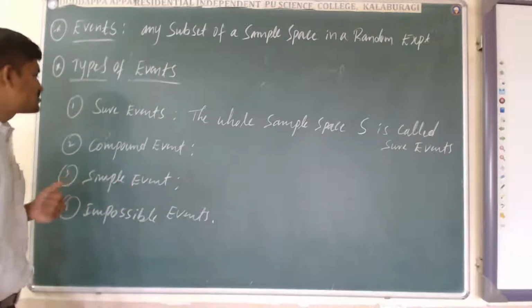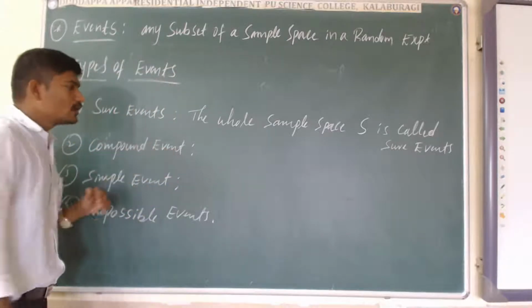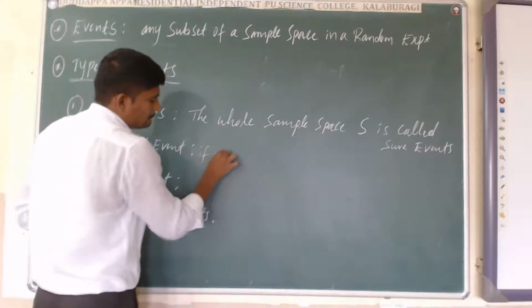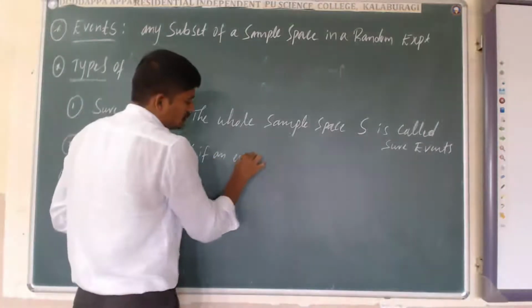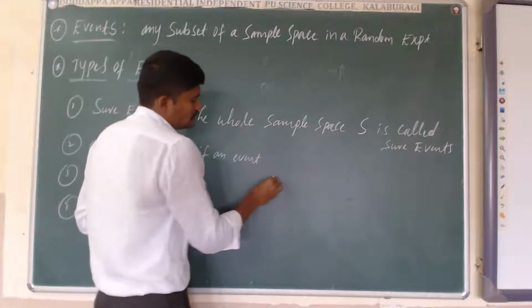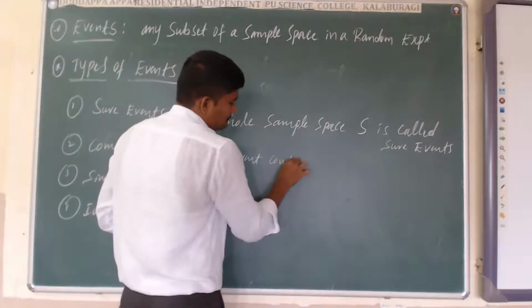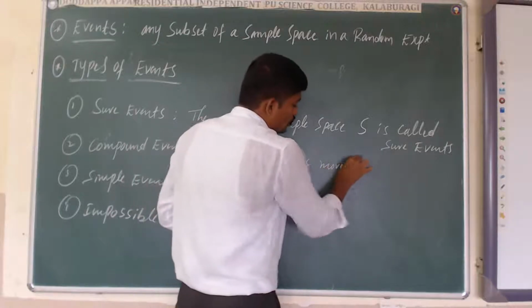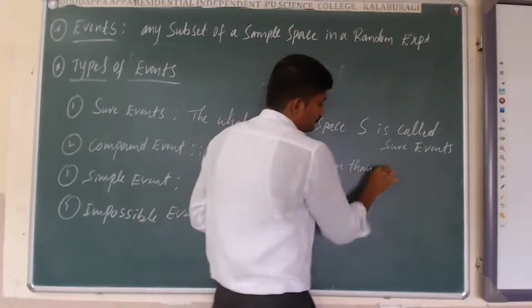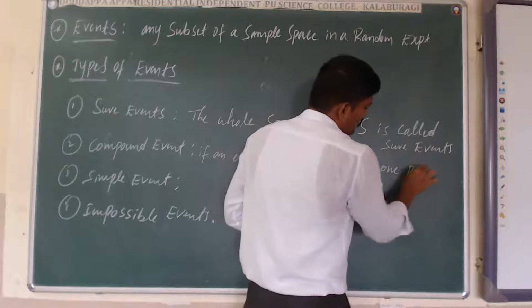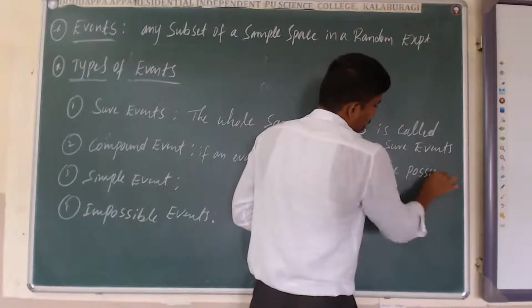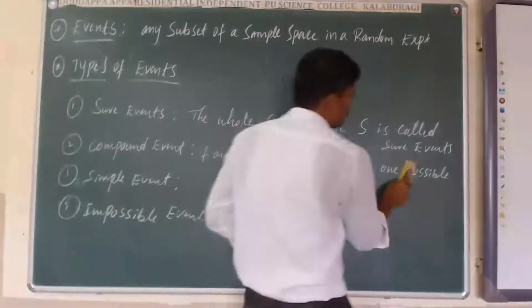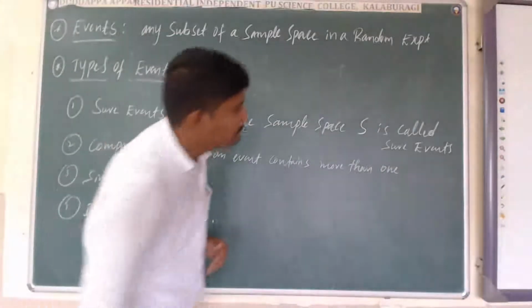Next, compound event. Compound event is nothing but if an event contains more than one possible, or otherwise we write, more than one sample point.